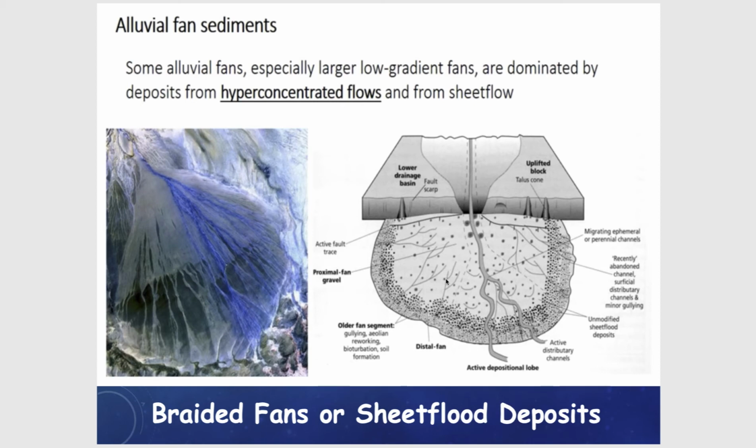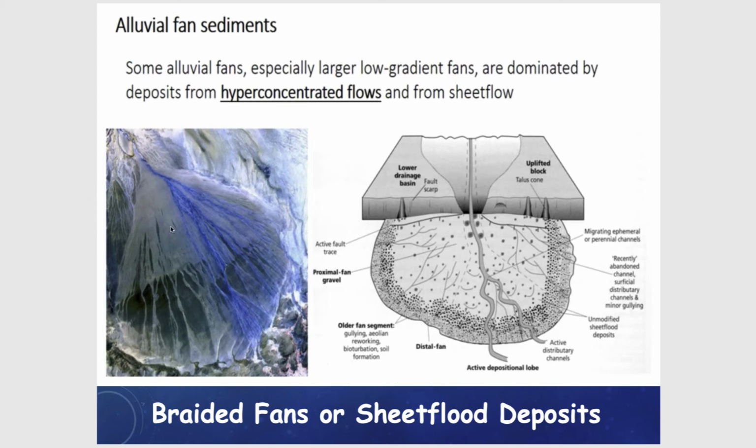And also you have aeolian reworking that can occur, and also organisms and plants mostly will cause bioturbation and the development of soils in this environment, which are also important processes.